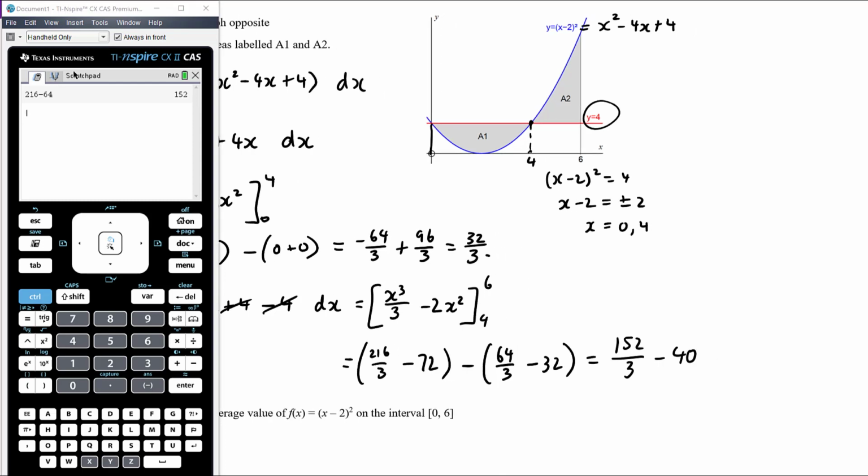Obviously you could do this in a couple of different ways. So minus 40 is the same as minus 120 on 3, so 152 on 3 minus 120 on 3 is 32 on 3. Okay. So what we've found is that A1 is the same as A2.